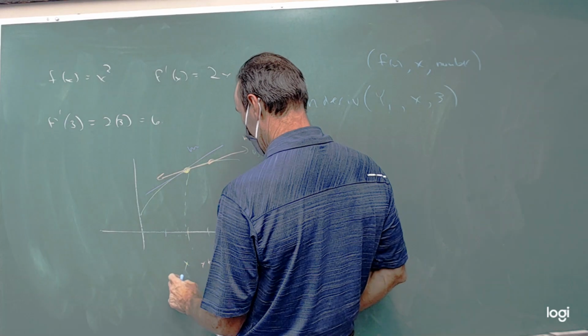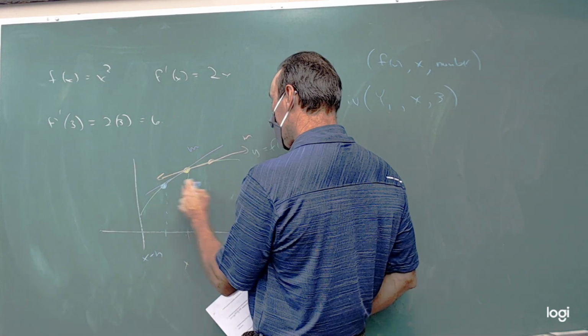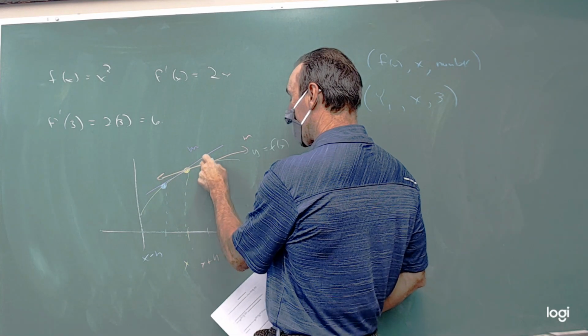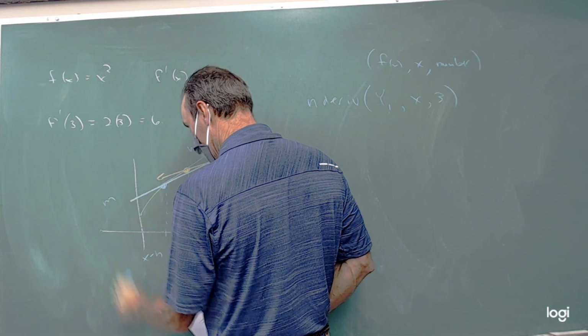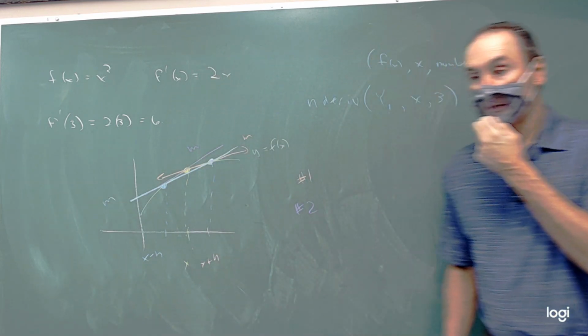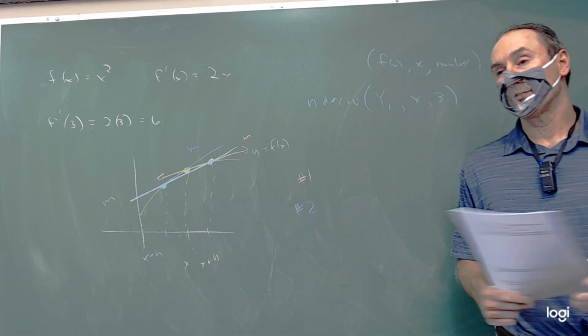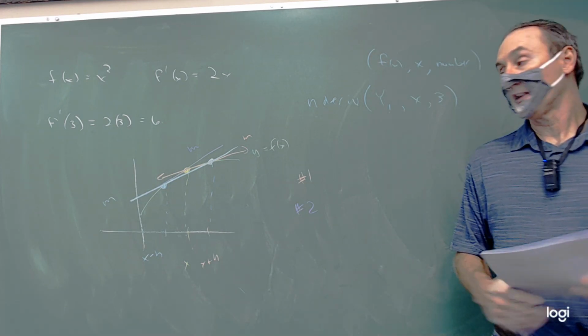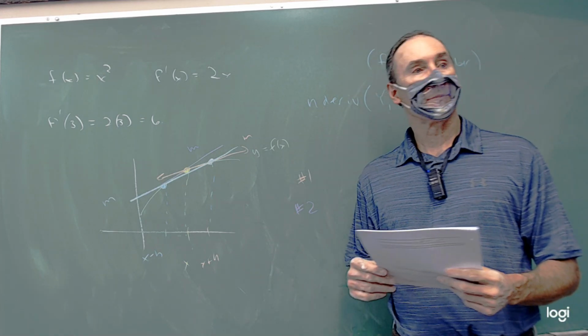Check your notes for that one. Here's x minus h. There's f of x minus h. Here's f of x plus h. We're finding the slope of that line in between those 2 points on either side of x comma f of x. That's the geometric interpretation. And then the third one, we're still taking a limit, so it would still end up being the slope of the tangent line.